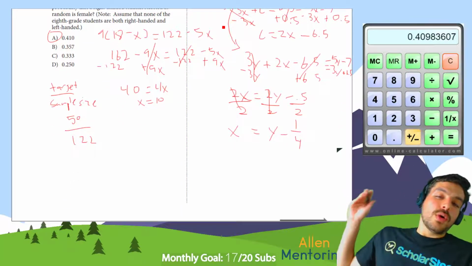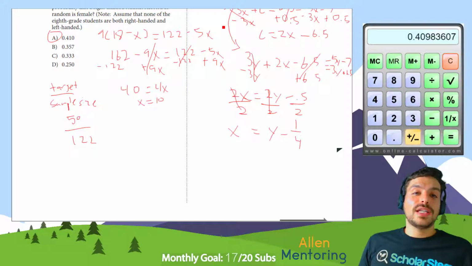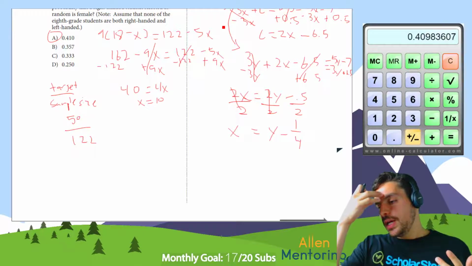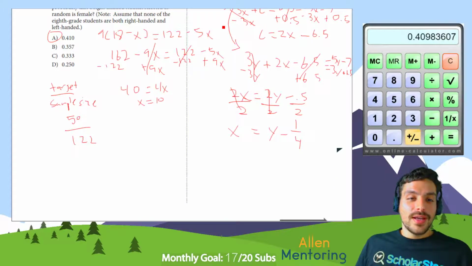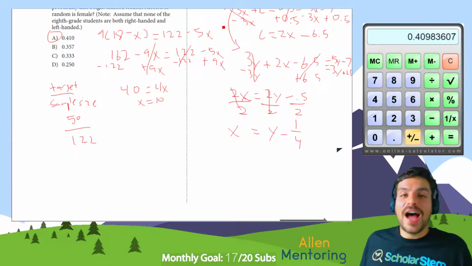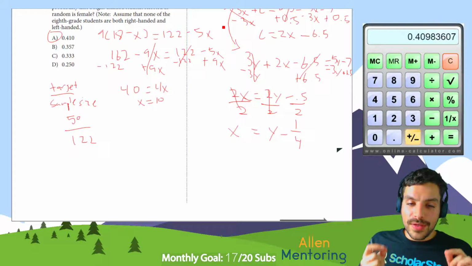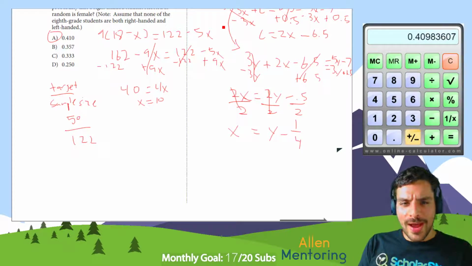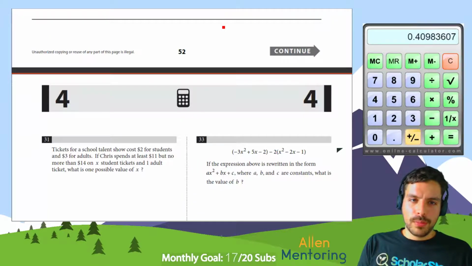Woo! So I want you to notice how long that took me, and I was actually going through it pretty fast. If you have no idea how to solve this, or it's your first time seeing a 3-equation system of equations, this could probably take you like, I don't know, 5 minutes. So again, what I suggest is if you get this far in the test and you slow down, skip these problems, do not go into it, and go to the short answer portion.